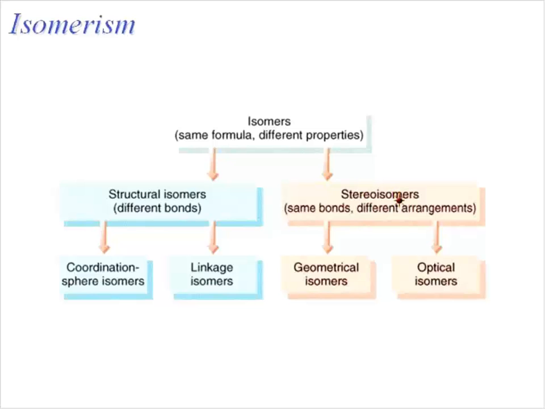In case of stereo, bonding is same. You have geometrical and optical, and here you have got coordination sphere isomers and linkage isomers. This is just broadly speaking.